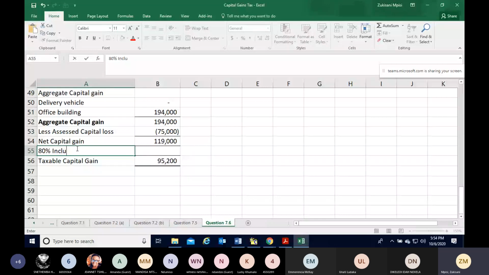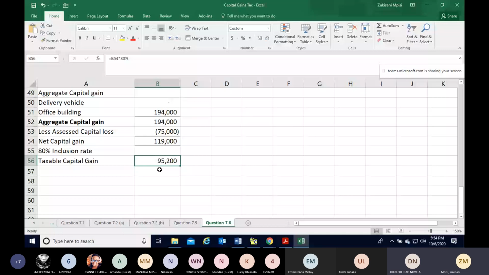This is the inclusion rate for you to include something into the taxable income, for you to include the taxable capital gain. So what is taxable out of a capital gain is only 80%. So this line item goes to the part where you are doing the calculation for taxable income.